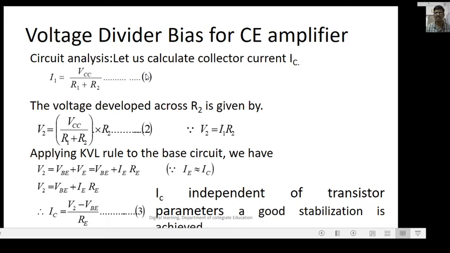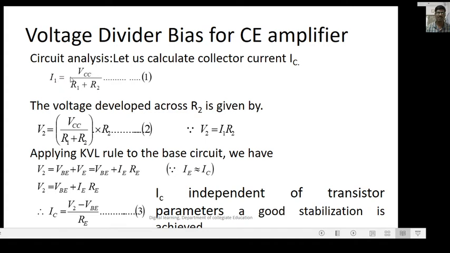Let us calculate the collector current IC first. According to Ohm's law, I1 is equal to V by R. So I1 is equal to VCC divided by R1 plus R2; these are the biasing resistances.